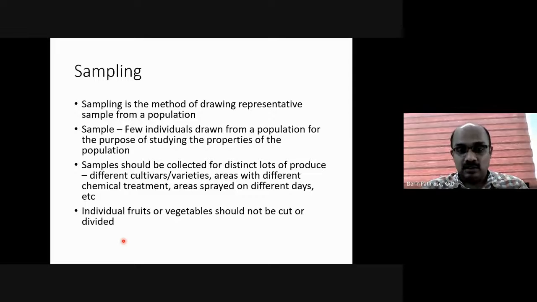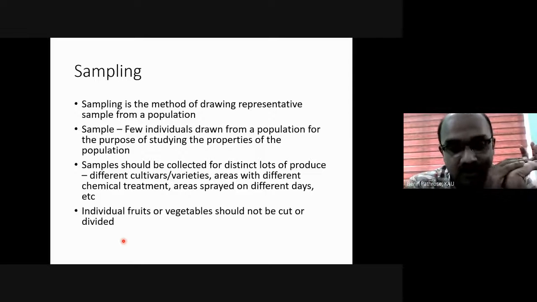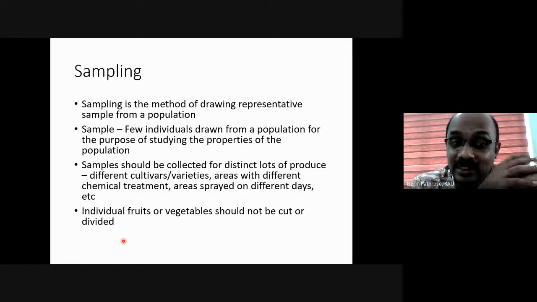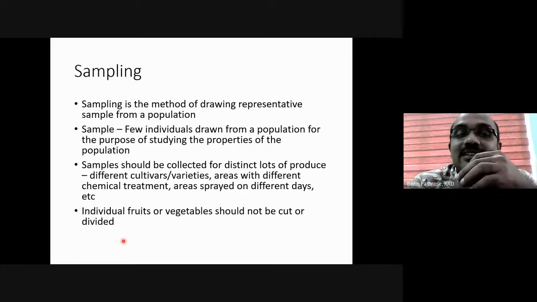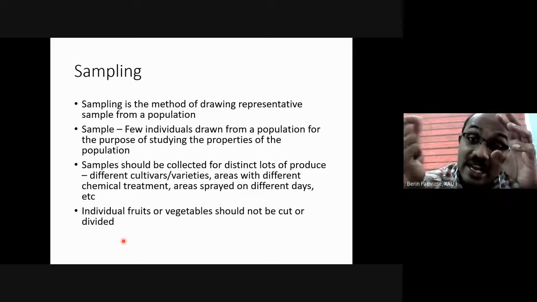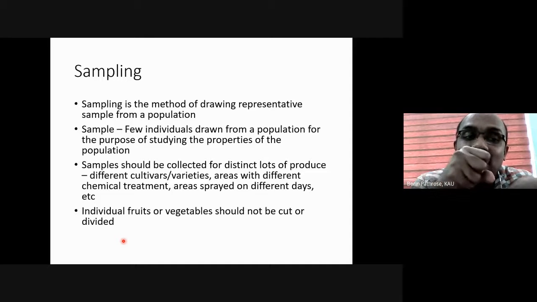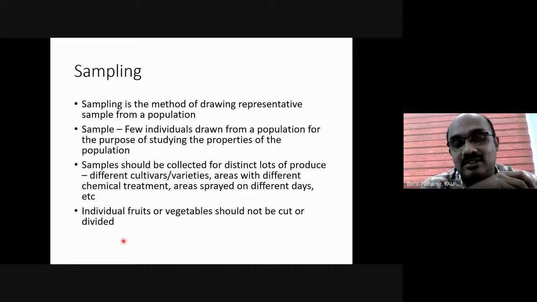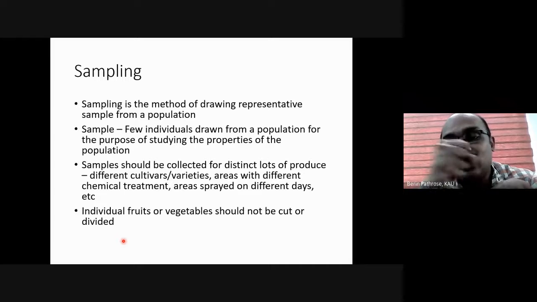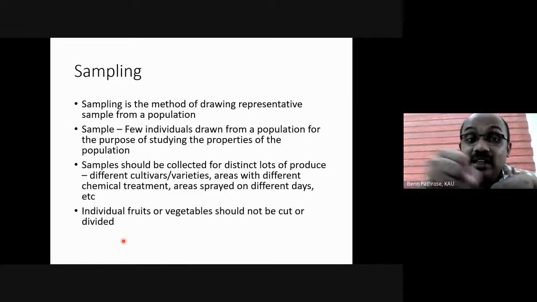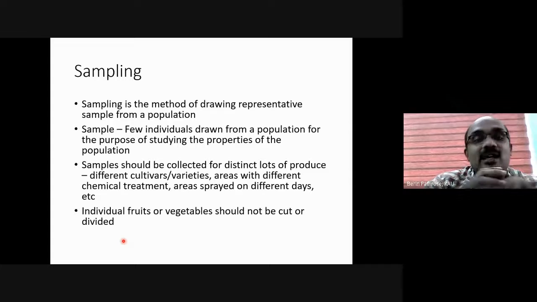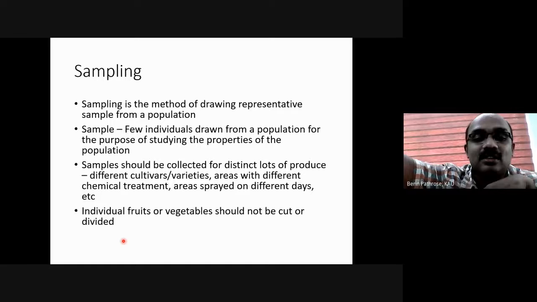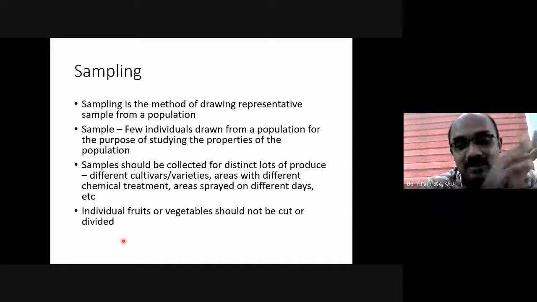That means if we have 1 ton of rice, we take 1 or 2 kg of rice, and while taking that, we ensure that this 1 or 2 kg represents the entire 1 ton of rice. That 1 or 2 kg of rice constitutes the sample. By analyzing that sample, we can say whether pesticide residues are present or absent in that commodity.